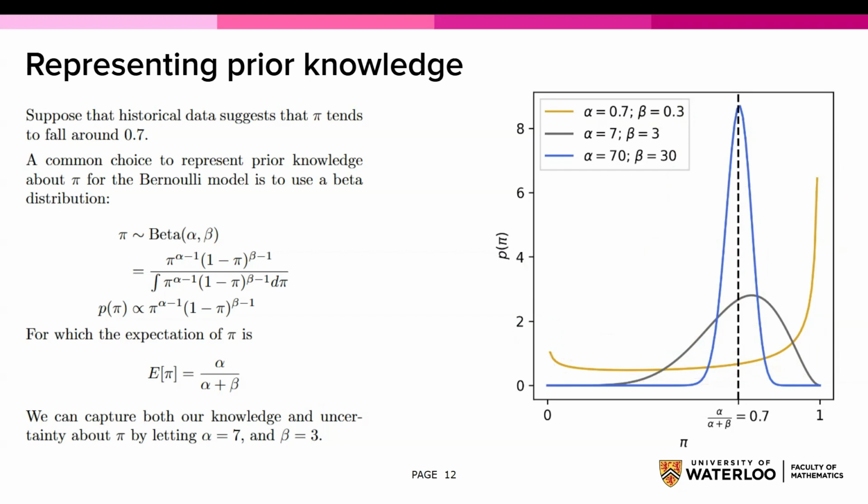So this would suggest, not even quite sure what the exact physical interpretation of pi would be in this case, but it would be extreme uncertainty around a mean value of 0.7. But yeah, perhaps let's take alpha as 7 and beta as 3 to represent kind of modest uncertainty around that value of pi.